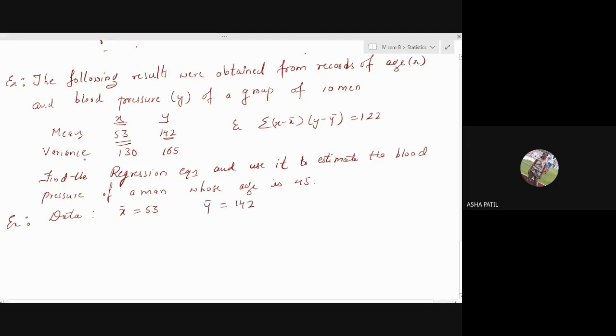Now, how will you denote variance? Variance of x is given as 130. Anybody who has studied statistics will know it. How will you denote variance, and what's the relationship with other statistics?